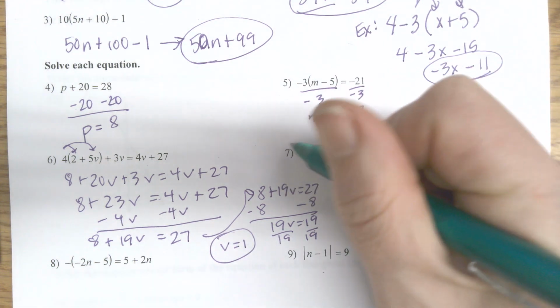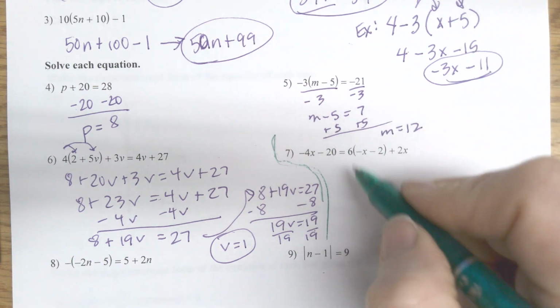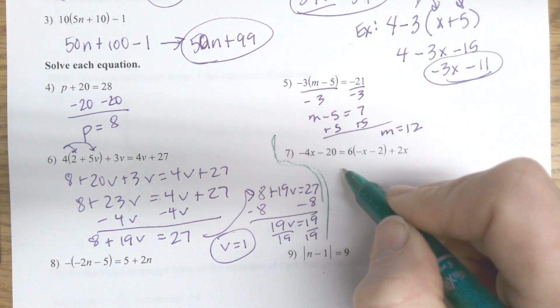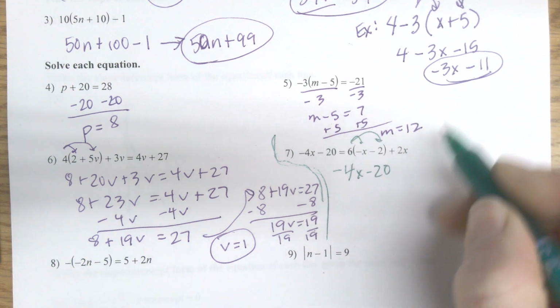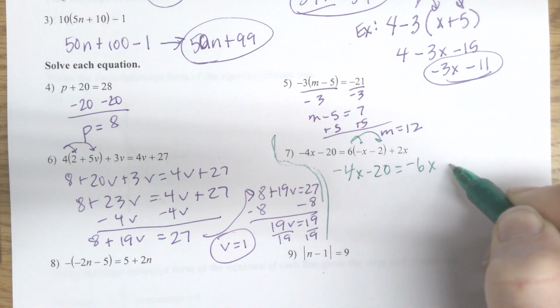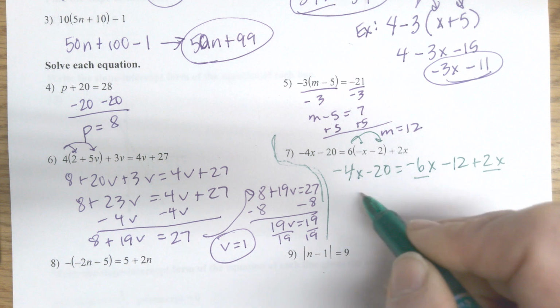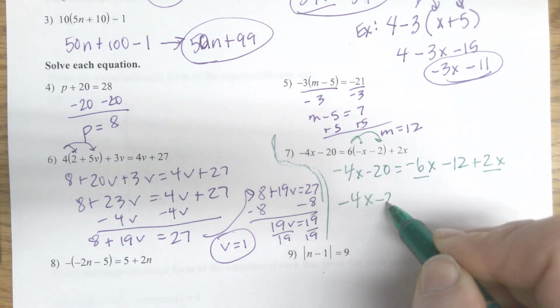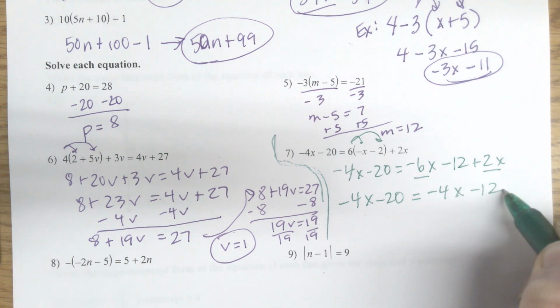So when I do this next problem, I'm going to make room so that it separates. So this is negative 4x minus 20. There's nothing I can do over there. I'll distribute this, equals negative 6x minus 12 plus 2x. Now when I start to combine like terms, I get negative 4x minus 20 equals negative 4x minus 12.